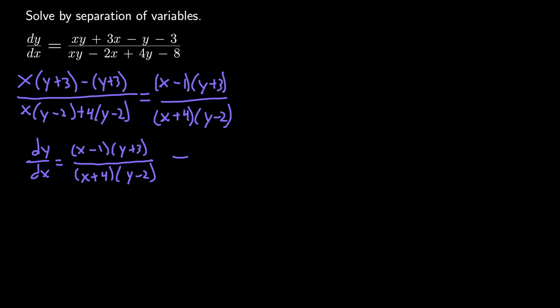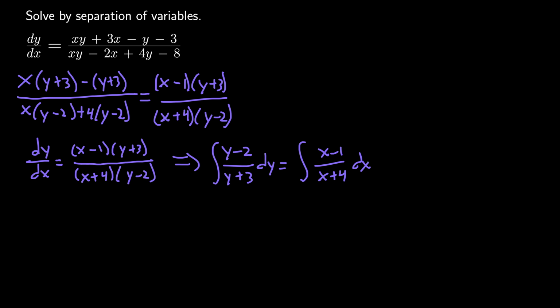Now we are going to separate these variables. We're going to bring over y minus 2 over y plus 3 to the left hand side and integrate that, and then on the right hand side we'll leave x minus 1 over x plus 4 there, and then integrate that. Next, I'm going to split up the terms on the left hand side and the right hand side.